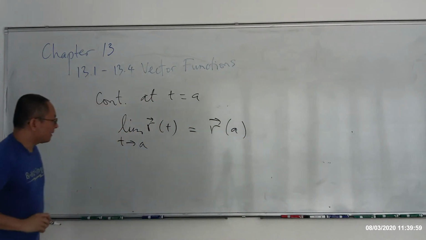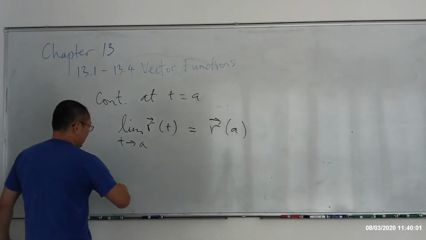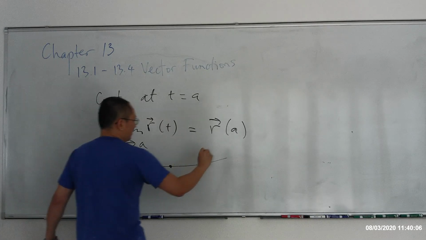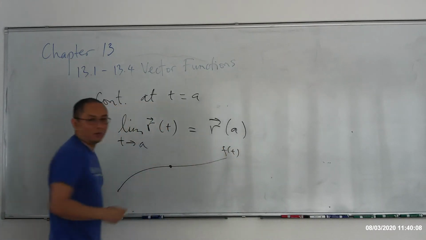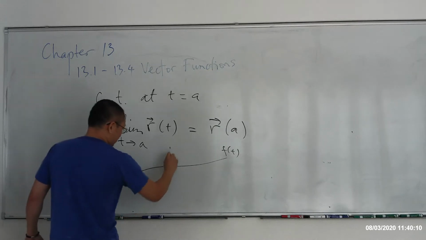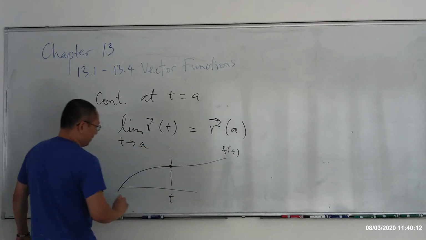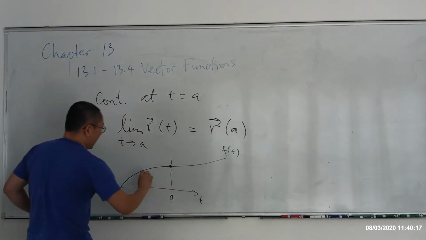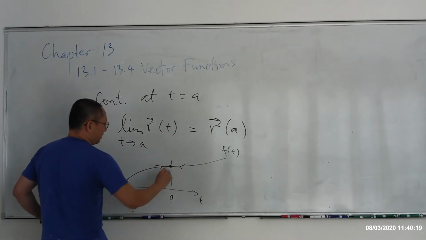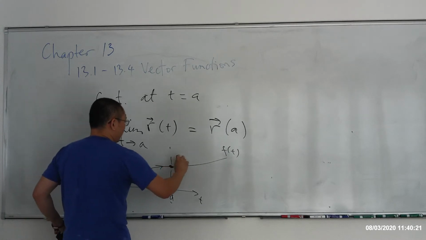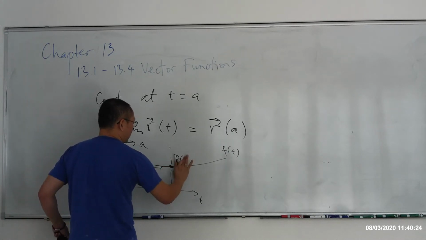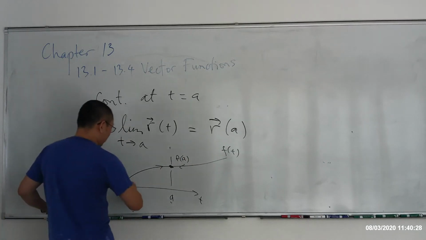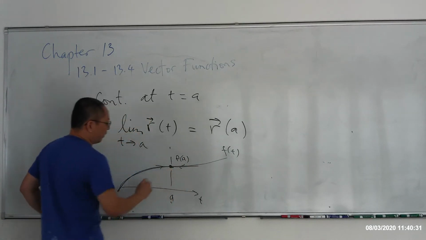So let's talk about just one component, f(t). When t approaches a from the left or from the right, f(t) equals f(a). In Calculus 1, there's no hole, no gap in between at that point locally.